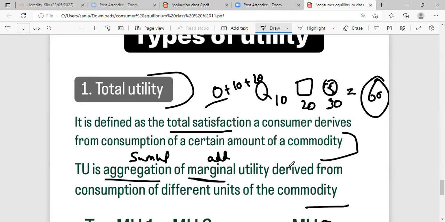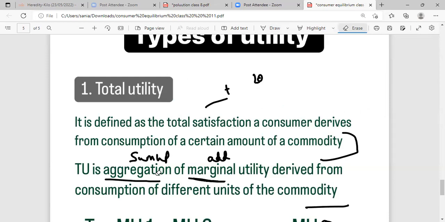Yes, teacher. Okay. So first you will write types of utility, and then this first one.